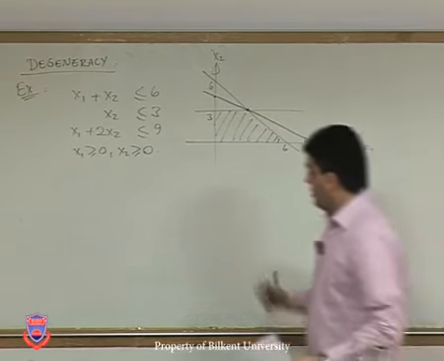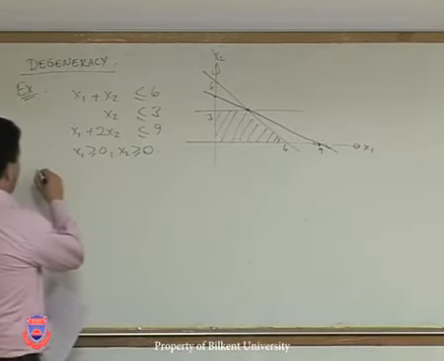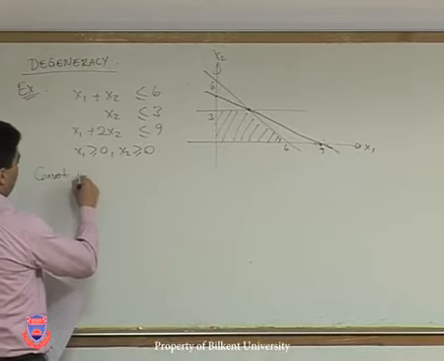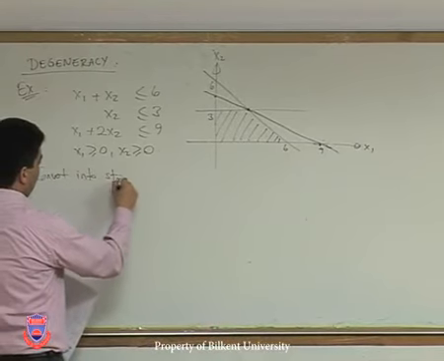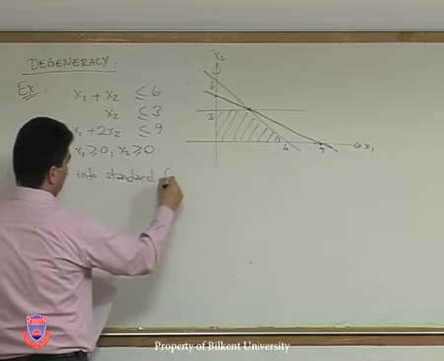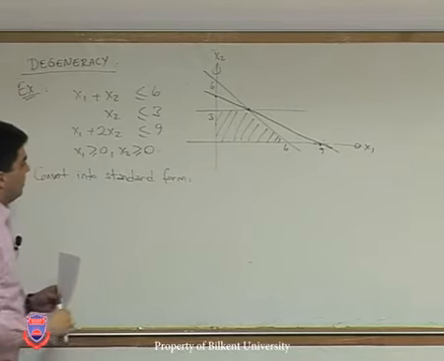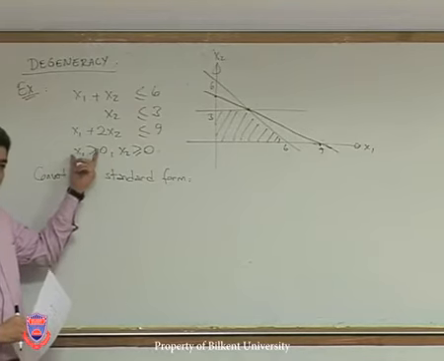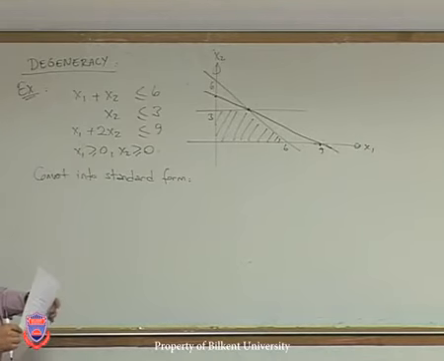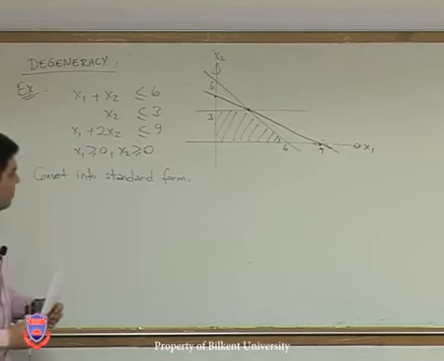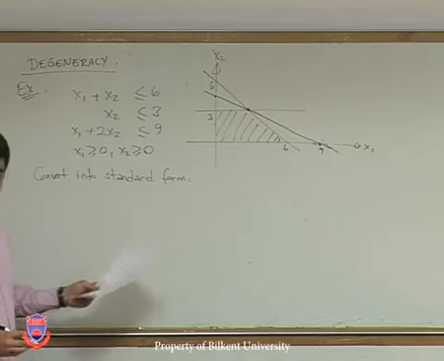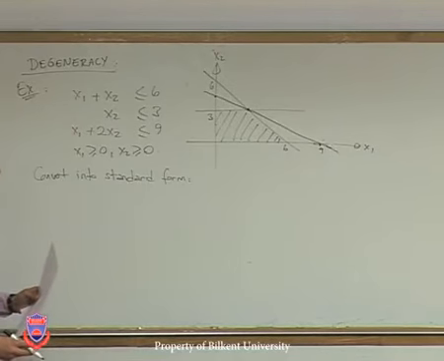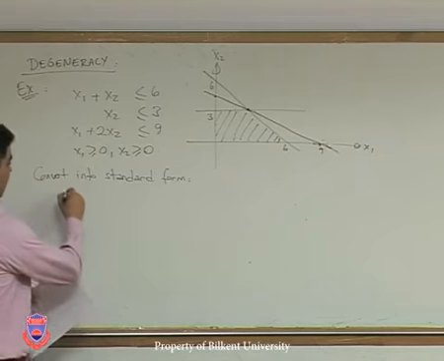So just like we did earlier, the first step is to convert it into standard form. So is this feasible region in standard form? No, it's not. So we need to fix certain things. The first three constraints should be equality constraints. So how am I going to do that? I'm going to add a slack variable for each constraint.